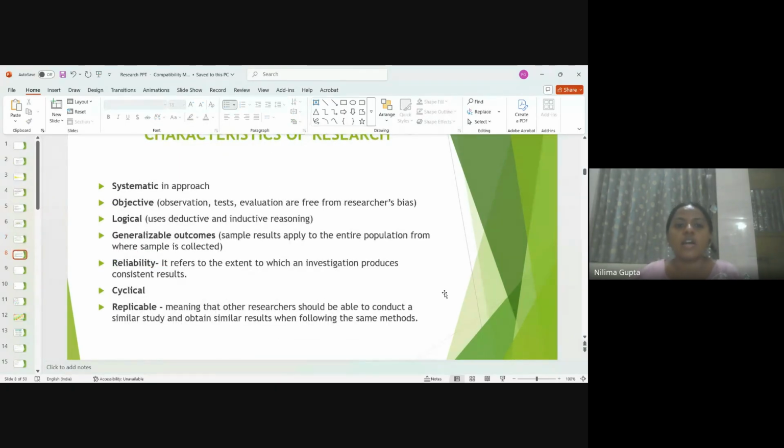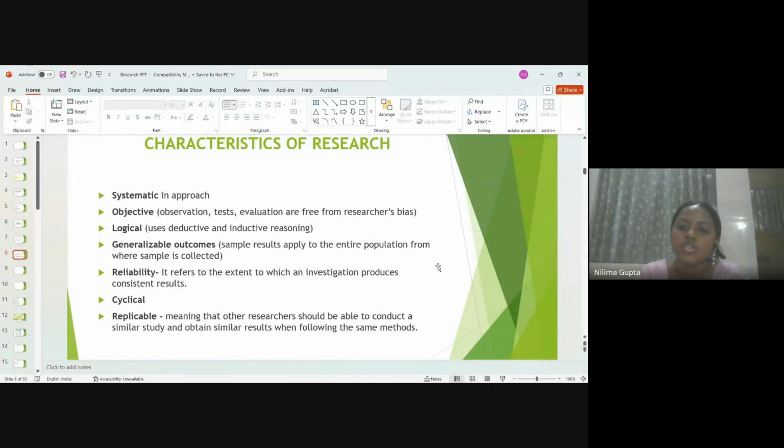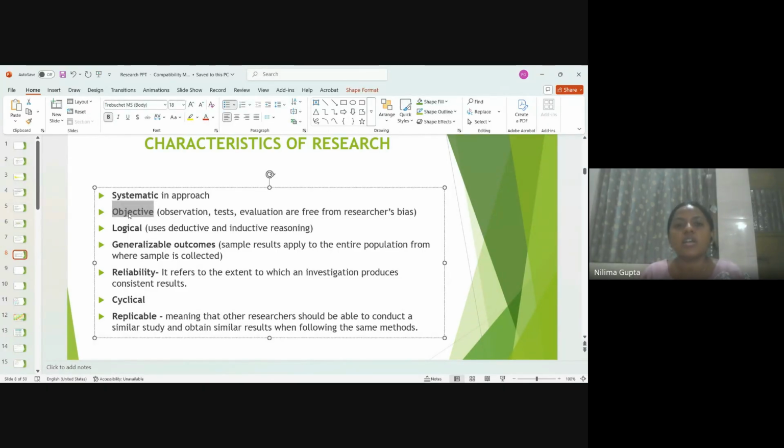Then there are certain characteristics of research, and these characteristics are universal. They will be there irrespective of anything. If you're conducting a research, they have to be there. First, research is always systematic, as we discussed previously. It is always objective. That means it is scientific. It is not subjective. It is not biased.